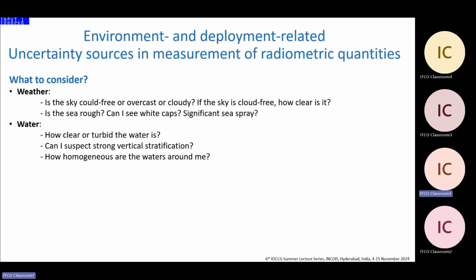Can I suspect strong vertical stratification if I am maybe close to a river mouth with some fresh water coming in? And how homogeneous the waters are around the place I'm going to sample. That might define how you're going to deploy your instrument. Precautions you might have to take with the boat, because the boat is perturbing the environment.